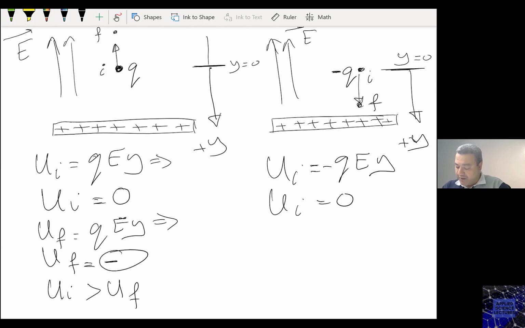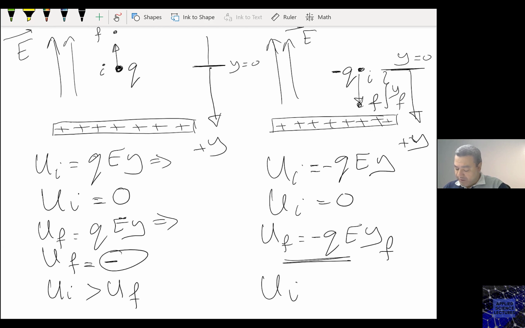However, UF at this point will be positive. Then you call this one from here to here as YF. Then UF is minus QEYF, and this is also a negative number, then UI is greater than UF.